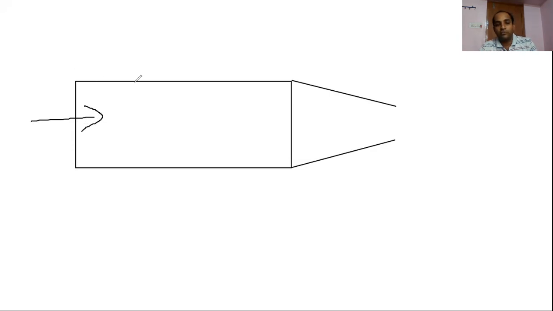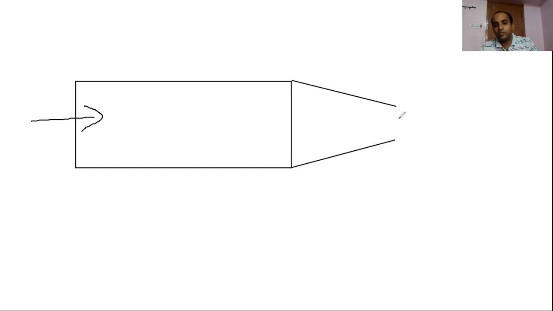It flows through a uniform pipe whose diameter is say around 20 mm. By the time it enters this device, that is a nozzle, you can see its cross section area goes on reducing. By the end, its diameter is reduced to half, say around 10 mm.